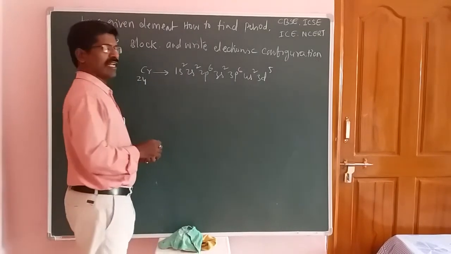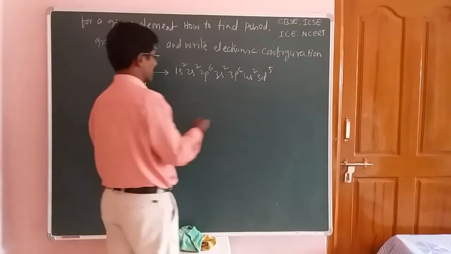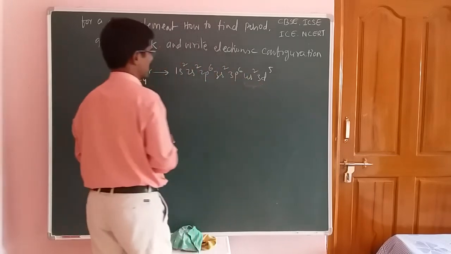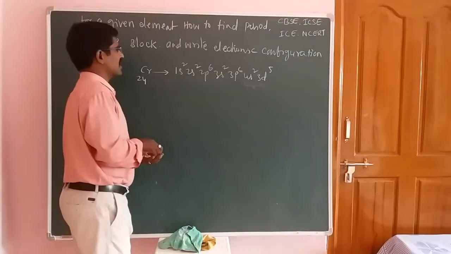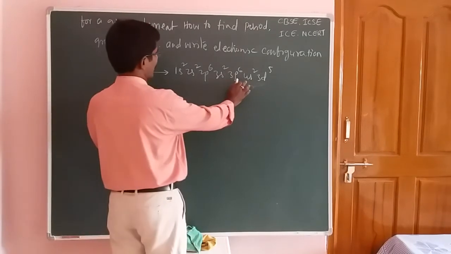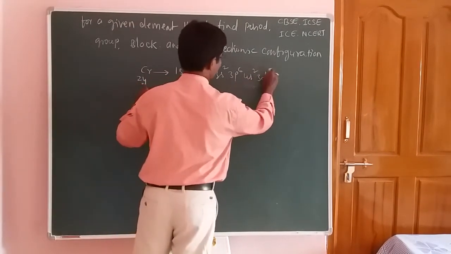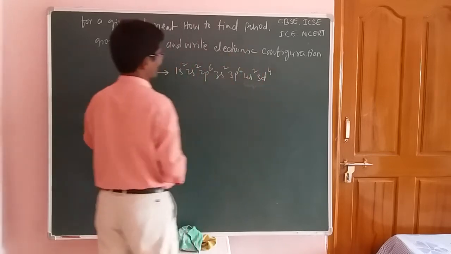So this is the general electronic configuration. But in this case it is unstable, and we have to write the stable configuration. Students, sorry, now we have how many electrons? 24 now, not 5. Now this is the 3d4.